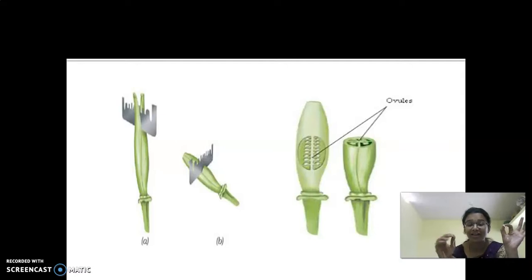So we need to cut the transverse and then the longitudinal. We will be having some small seeds inside them. They are called as ovules. It is responsible for the reproduction process in plants, children.